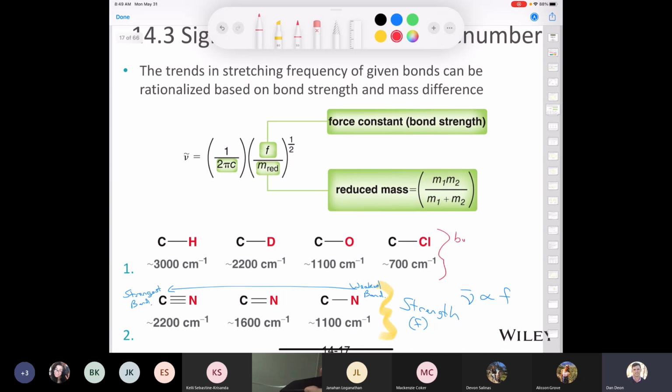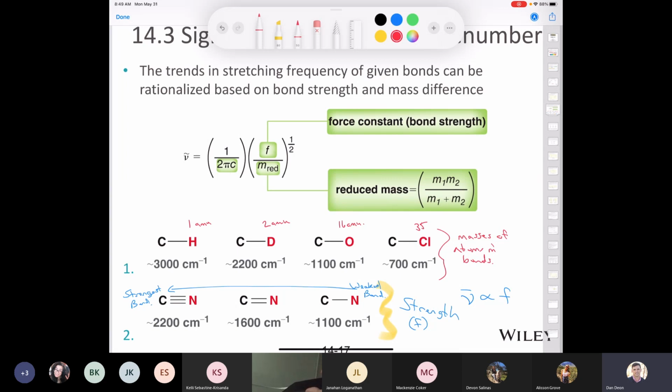This is the mass of atoms in the bond, that's what I should say. Masses of atoms in bonds. What's constant in all 4 of these bonds? There's a carbon in each one of them. If we go from a hydrogen, which weighs about 1 atomic mass unit, to a deuterium, which is about 2 atomic mass units, to an oxygen, which is 16 atomic mass units, to a chlorine, which is roughly 35, what's happening?